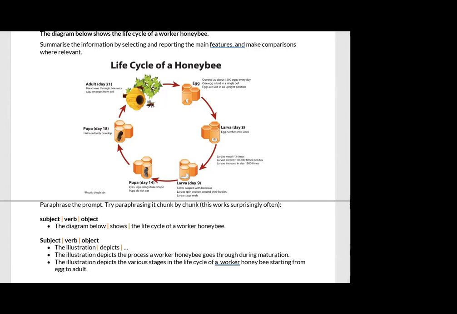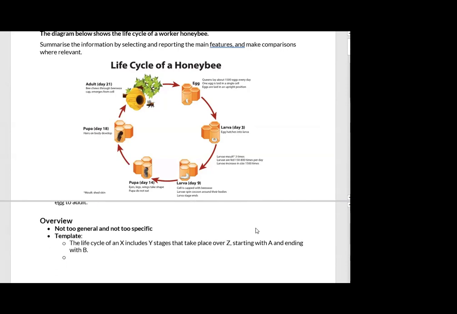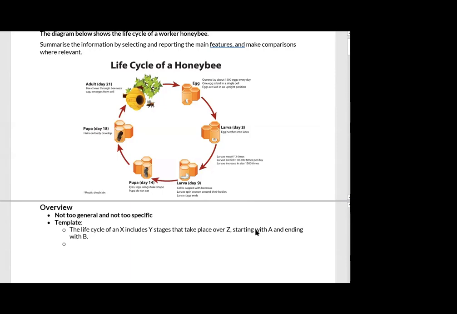Let's move on to the overview. We want it to be not too general and not too specific. So for this kind of life cycle diagram, for many cycles, whether it's an industrial process, energy process, you could use something like this quite often.